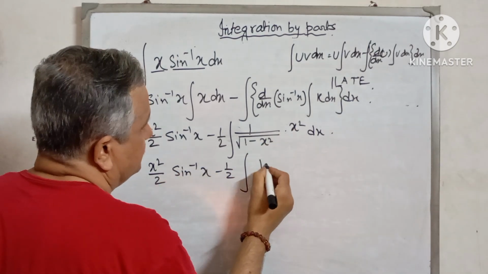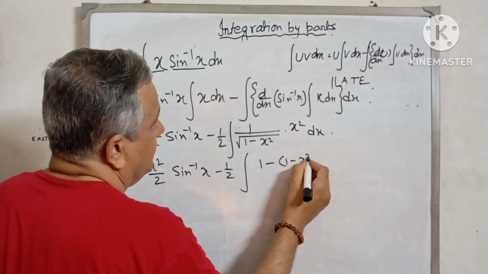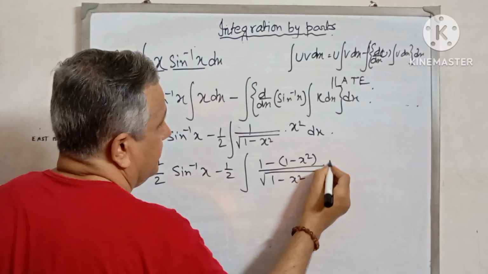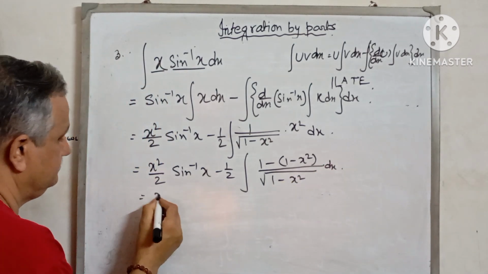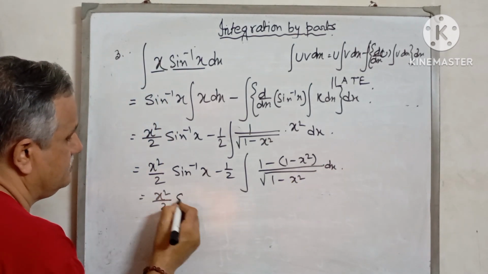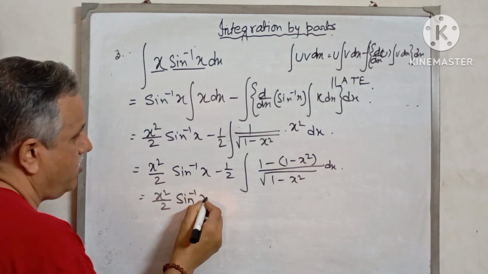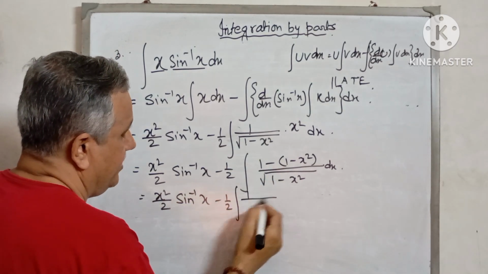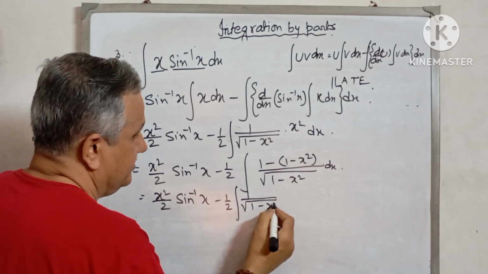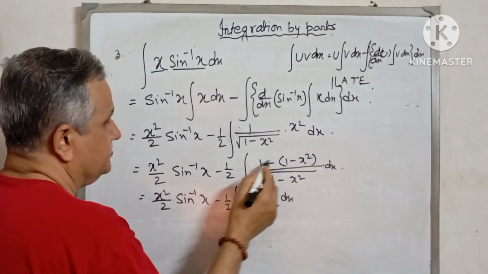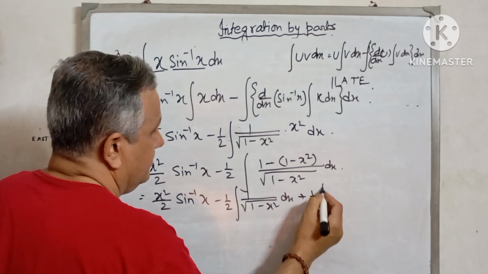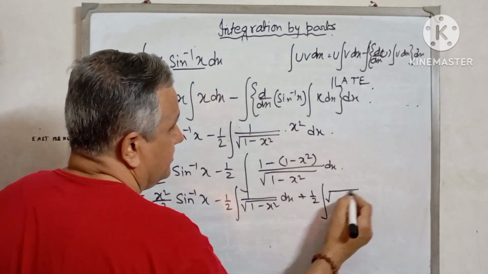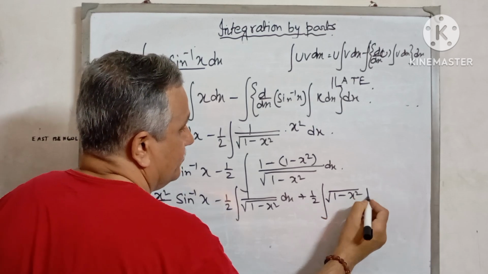This x square we can write as 1 minus, 1 minus x square, by root over 1 minus x square. Now separate it: 1 by root over 1 minus x square dx, and minus minus plus half, 1 minus x square by root over 1 minus x square is root over 1 minus x square only.